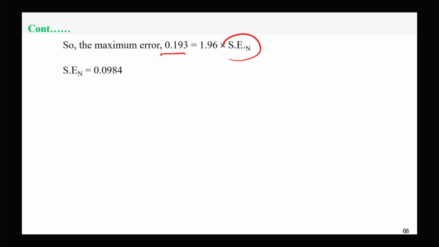So we can calculate the new standard error based on that 95% level. The standard error we have got is 0.0984.